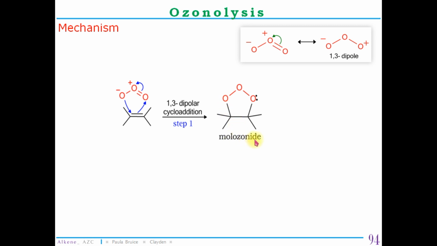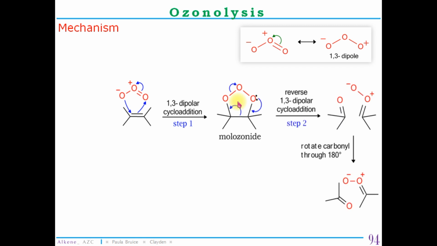This molozonide intermediate is highly unstable, so it readily breaks into a carbonyl compound and a reactive intermediate. It's a reverse 1,3-dipolar cycloaddition step.